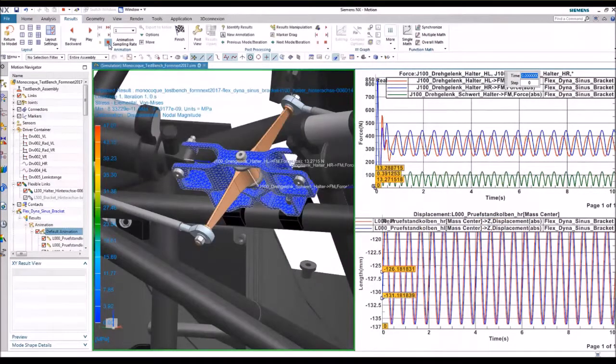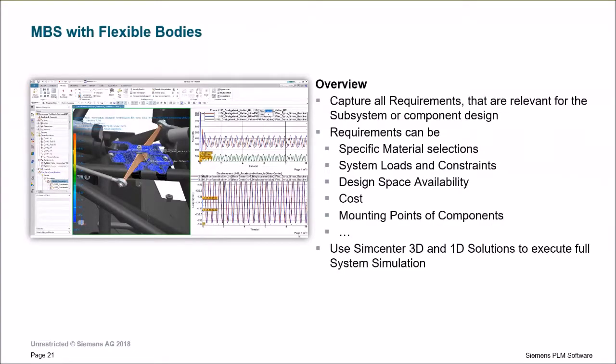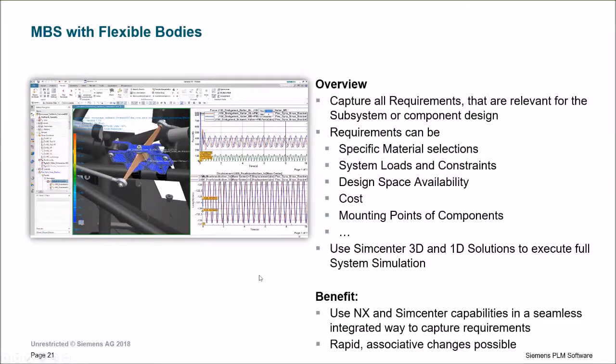And you can use this information for further analysis, like durability assessments, or you will at least know that the forces you are representing here have a larger accuracy due to the fact that you also consider the flexibility of the parts around the connectors themselves.